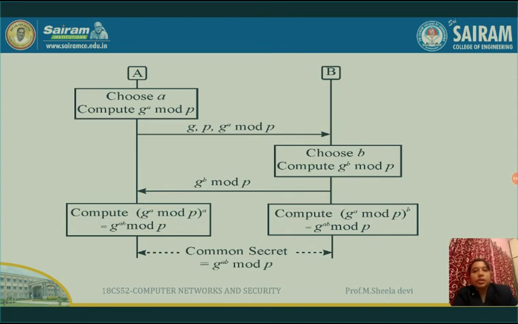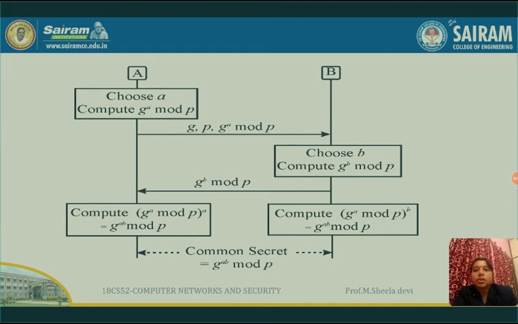After getting the values from A and B, the sender and the receiver should calculate the session key. Actually, they have given it wrong here.